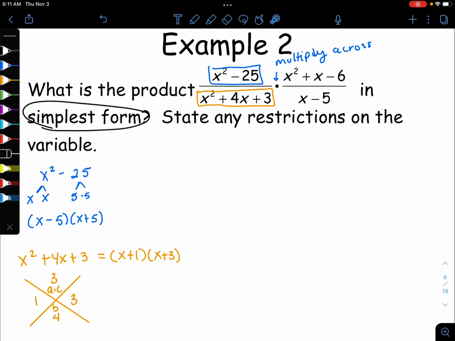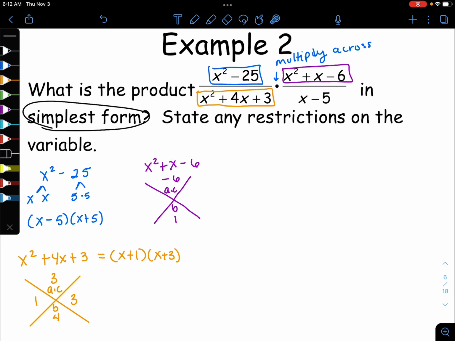Okay, now let's do this one. X squared plus x minus 6. Again, a is 1. A times c goes on top, which is negative 6. B is 1. If there's no number in front, it's 1.